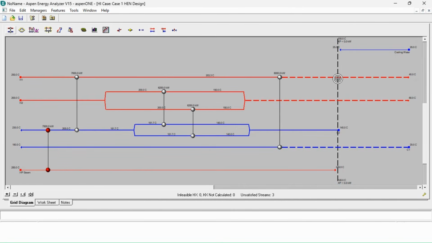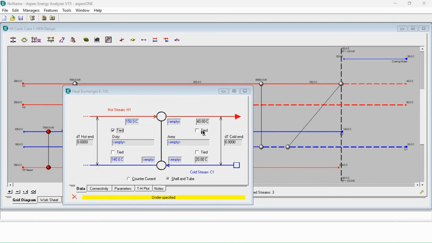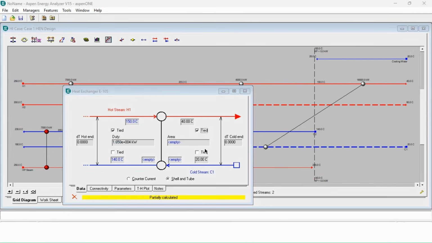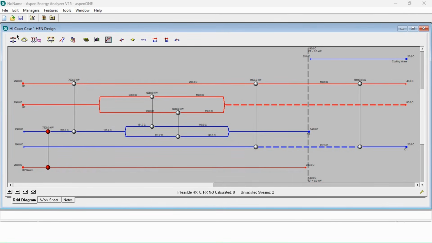Doing the connection between H1 and C1 here, 150 to 40 degrees centigrade, and tying it with 20, it has gone from 20 to 102.5 degrees centigrade. On both ends, here it is 47.5 degrees centigrade, here it is 20 degrees centigrade. Our delta T minimum was 10, way above, so that is acceptable.